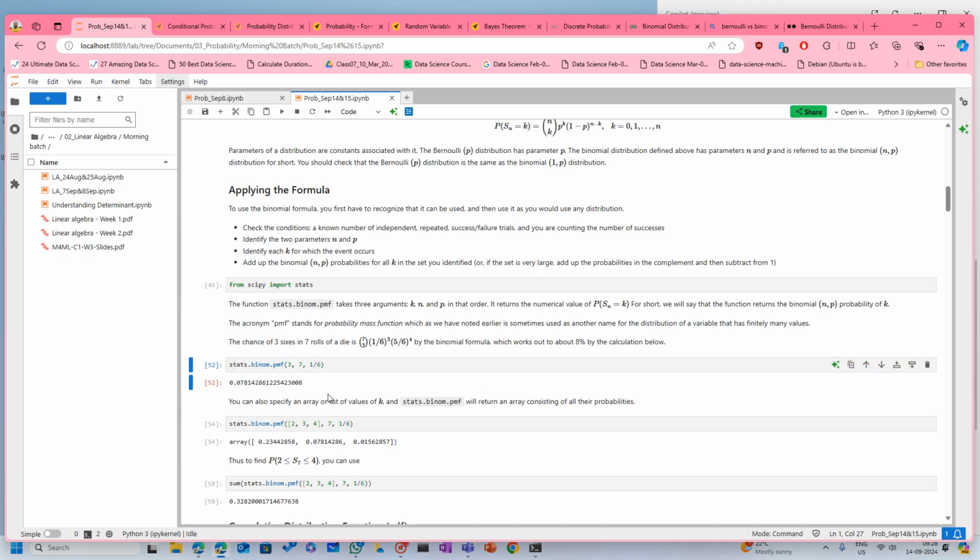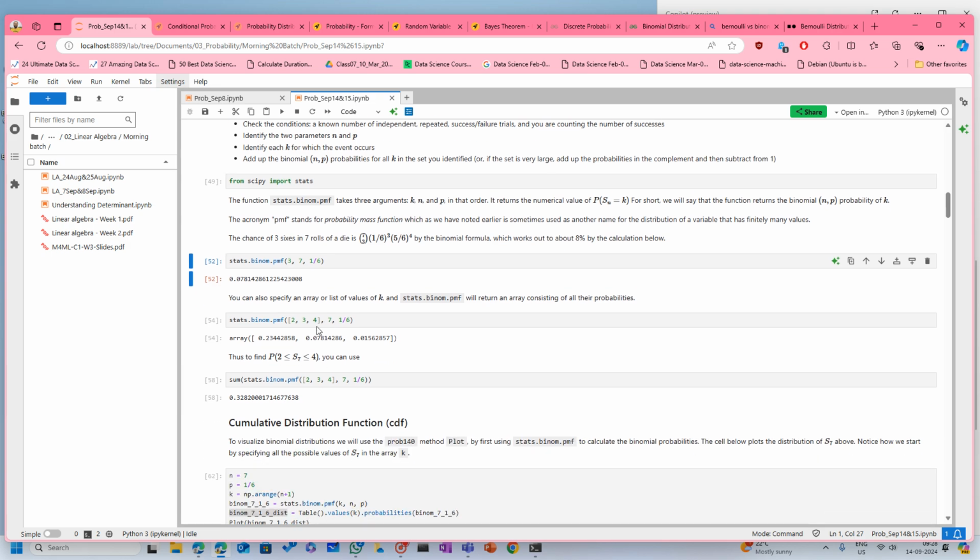Same way you can also calculate for other counts. Let's just say you don't want to calculate only 3 times, but you want to know the probability of getting 6 twice, 3 times, 4 times. That you can calculate directly by passing a list here. If you pass a list, you get each probability.